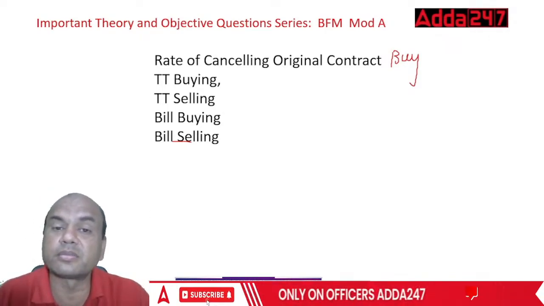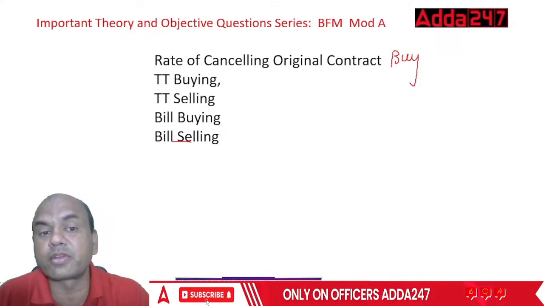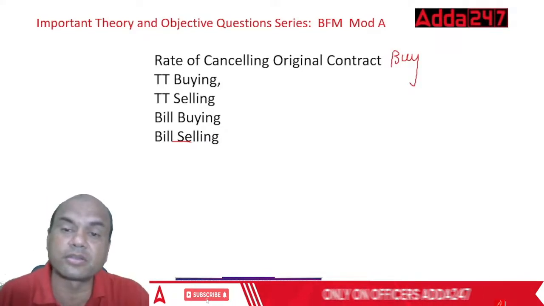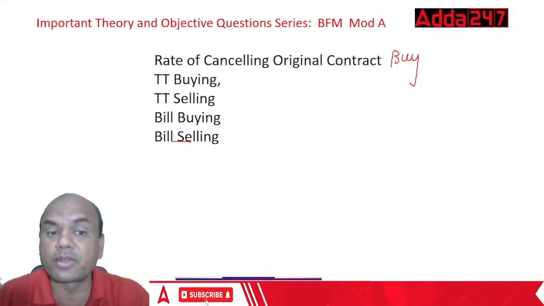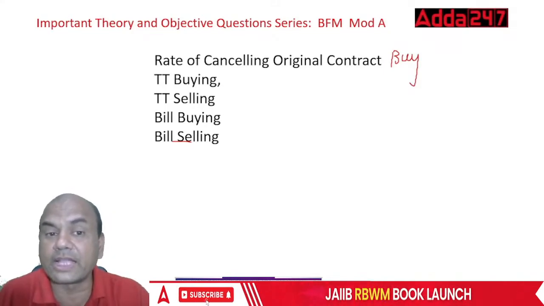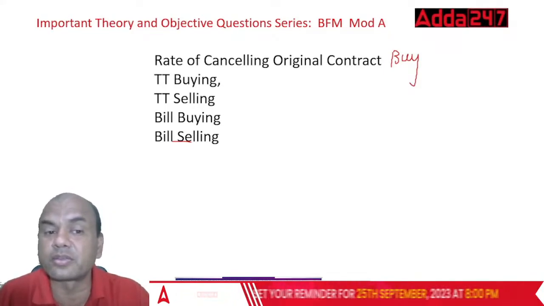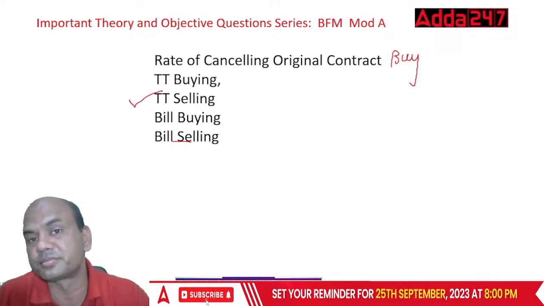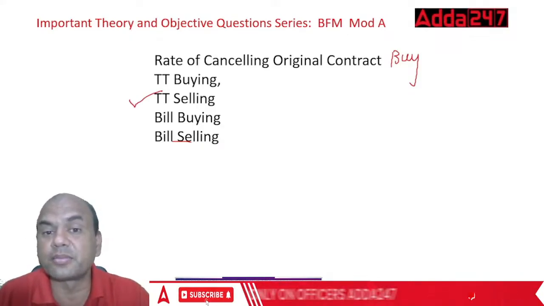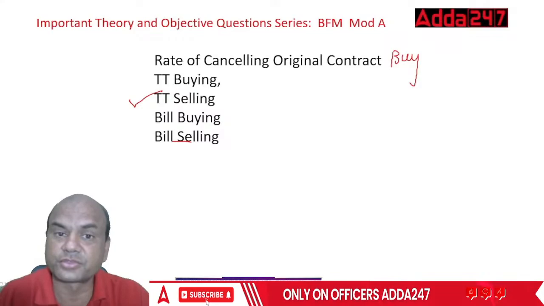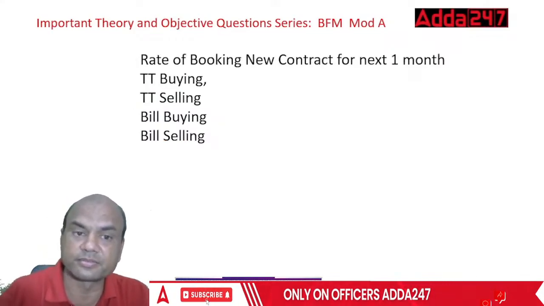If it was a spot transaction, I might have done it at TT buying. If it was a bill transaction, I might have done it at bill buying rate. But cancelling is always done at the same rate, that is known as TT selling. Cancelling means reversing that transaction, so that will always be done at TT selling.